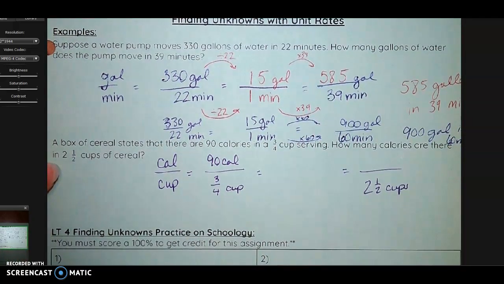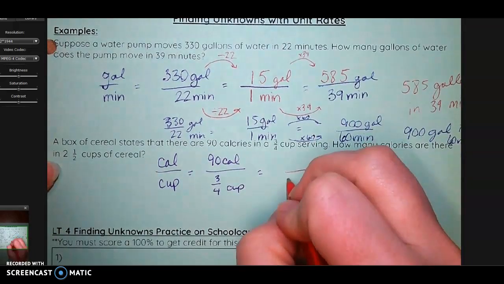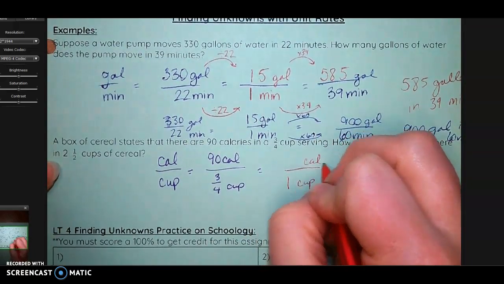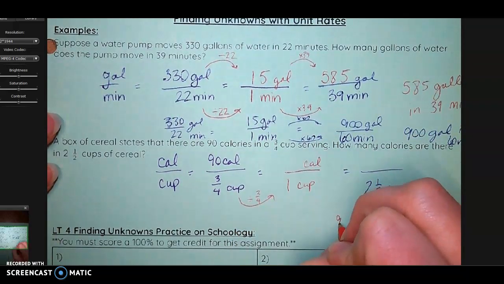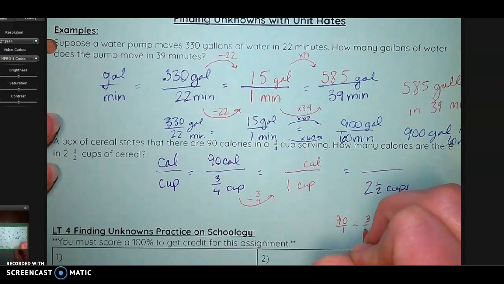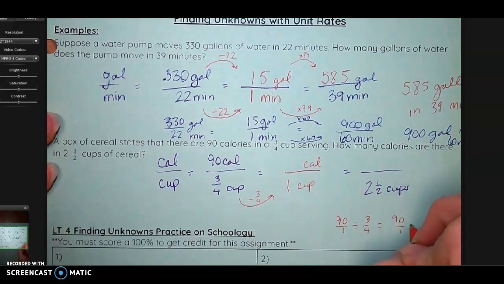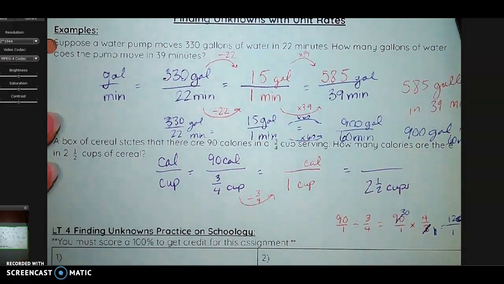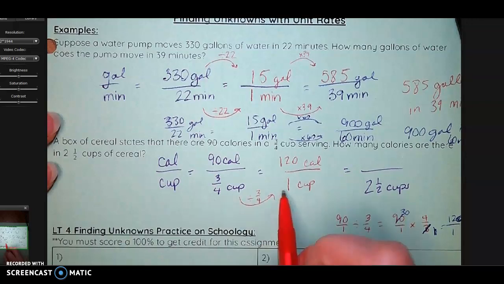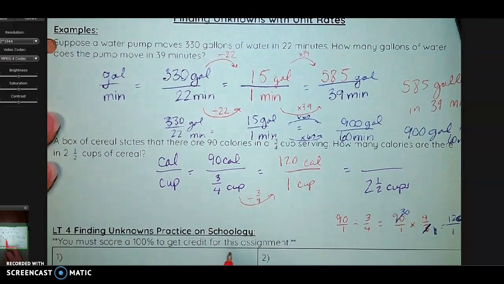So I'm going to do that part in the middle where I find for 1 cup and figure out how many calories that is. So I'm going to divide by 3/4. When I do 90 divided by 3/4, I end up doing 90 times 4 over 3. I can reduce that right here so that I do 30 times 4, and I get 120 calories are in 1 cup, and that makes sense because we got a little bit bigger here, 1/4 bigger, and this also got 1/4 bigger.